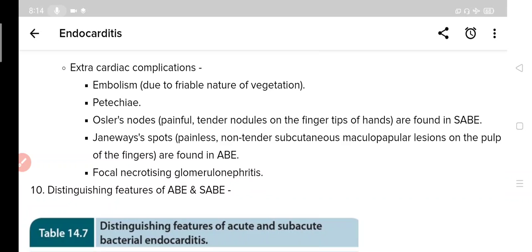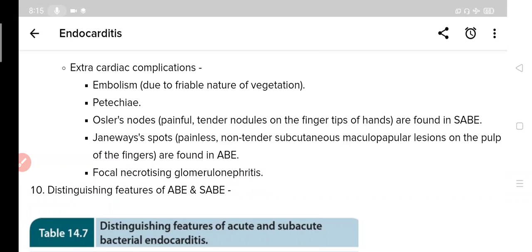What are Osler's nodes? They are painful, tender nodules on the fingertips of the hands. And what are Janeway's spots? They are painless. Osler's nodes are painful, and Janeway's spots are painless, and they are non-tender also. They are painless, non-tender subcutaneous maculopapular lesions on the pulp of the fingers.